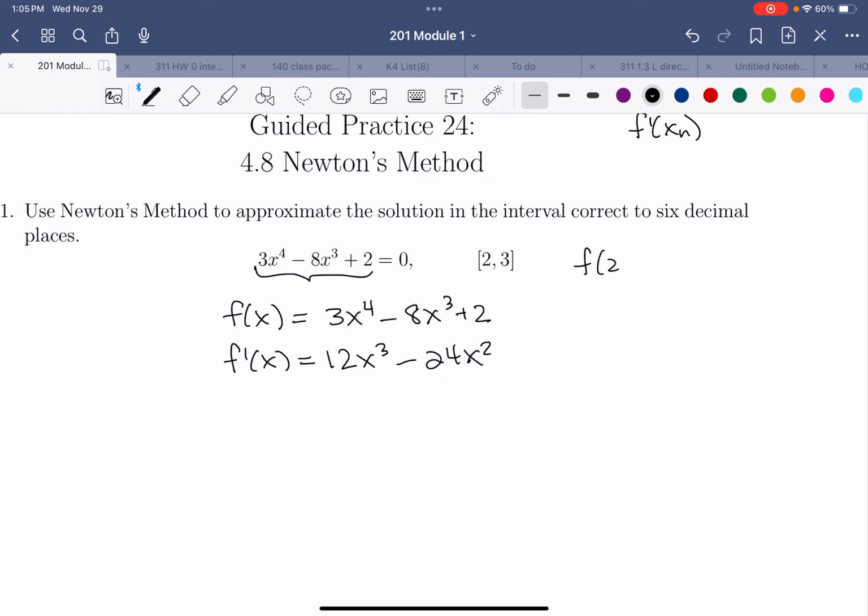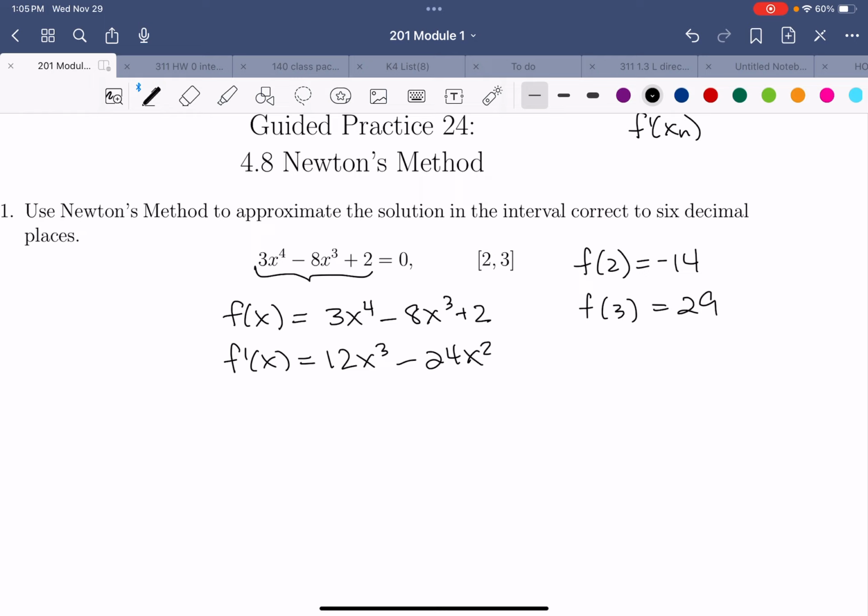So f of 2 is negative 14. f of 3 is 29. Now you can see there's got to be a 0 in between, because we're going from negative 14 when you're at 2 to positive 29 when you're at 3. And because our function is continuous, you can't jump over y equals 0. You're going to have to get y equals 0. So we want to find out at what x value that happens.